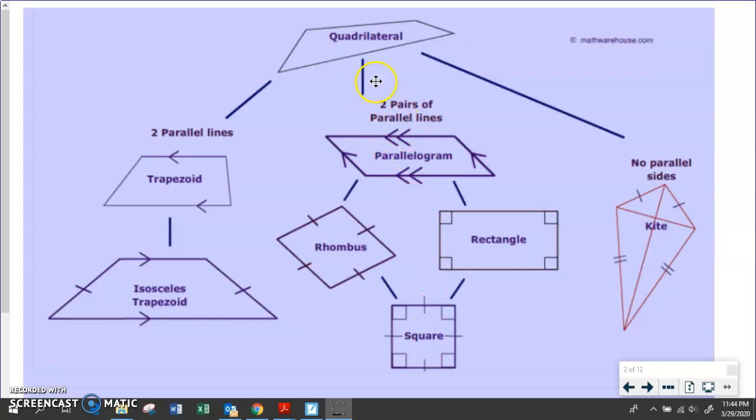And if you think back to when we started talking about logic, if a shape is a parallelogram and parallelograms are quadrilaterals, then saying that something is a square logically means it's also a rectangle, a rhombus, a parallelogram, and a quadrilateral. We don't have to say all that. We just know that that's true. So again, use the most specific name you can for these shapes when you're trying to identify them.